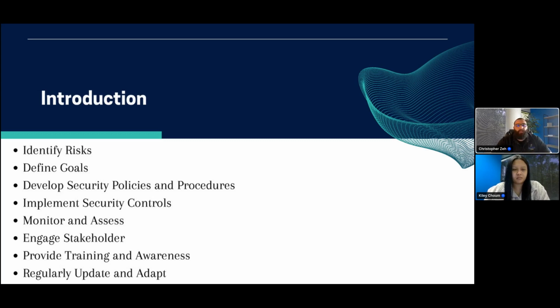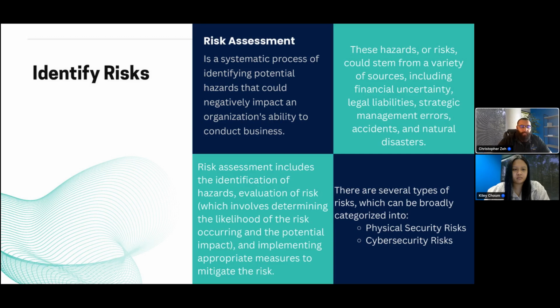Now, first thing, identify risks. Risk assessment is a process, and we do this at our company as well. It identifies potential hazards that could negatively impact the organization's ability to conduct business.